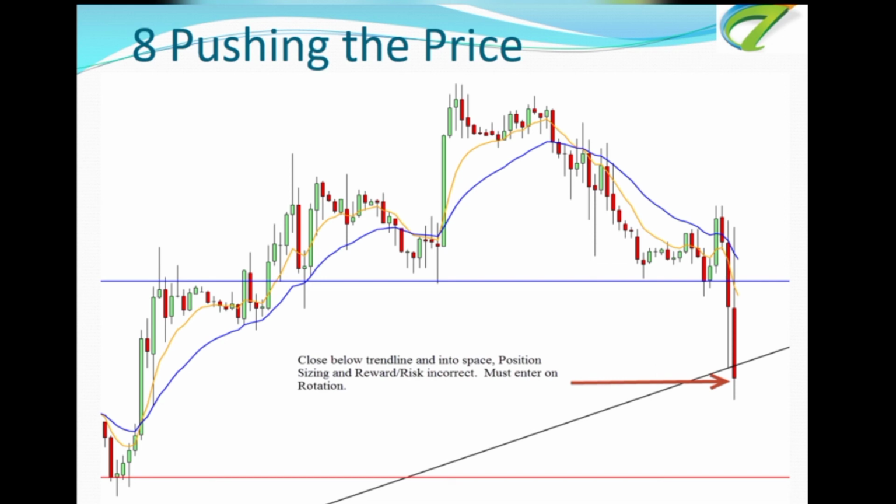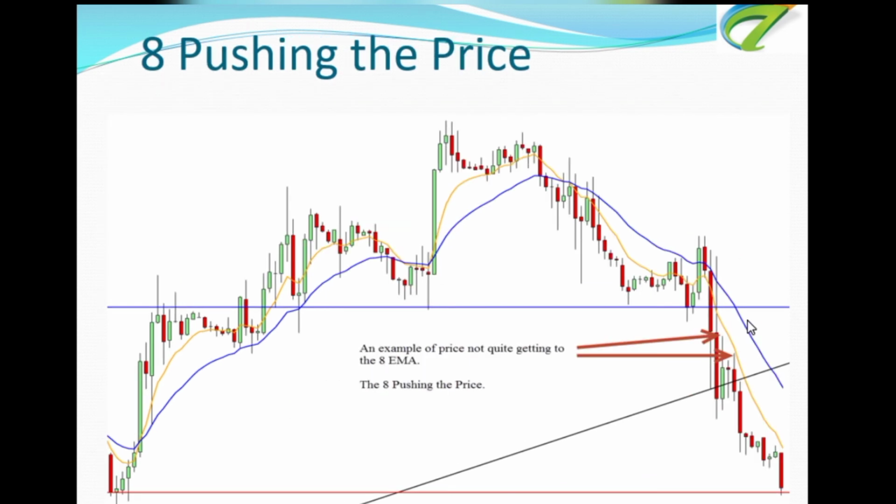Although the R zone is here already in this range, is an example of price not quite getting to the 8 EMA, because this is the pushing, 8 pushing the price. This yellow line is the 8 exponential moving average, and this is continuously pushing in the direction of the trade like this.